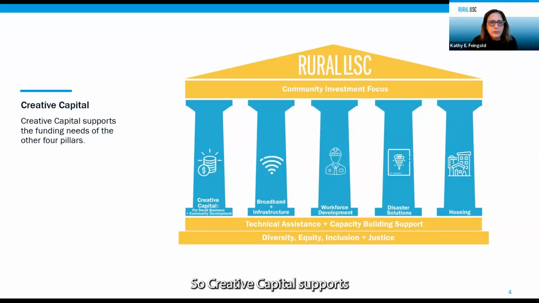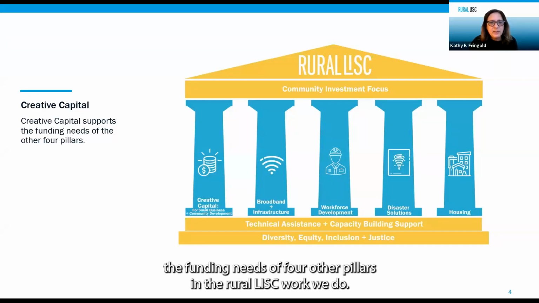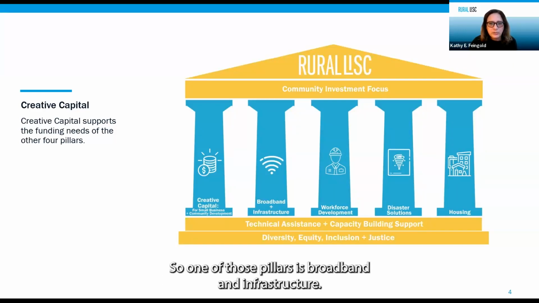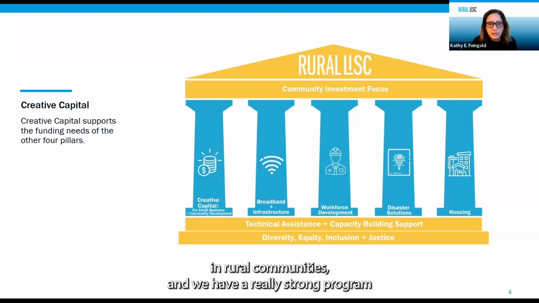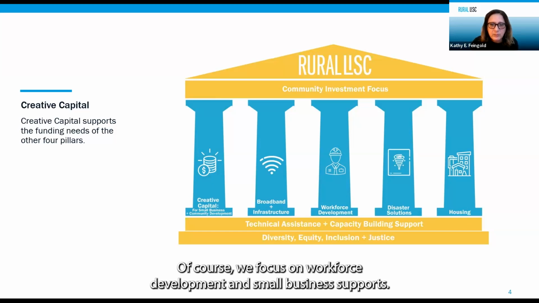So creative capital supports the funding needs of 4 other pillars in the Rural LISC work we do. One of those pillars is broadband and infrastructure. We find that broadband is really something that can be lacking in rural communities, and we have a really strong program with digital skilling and broadband infrastructure. Of course, we focus on workforce development and small business supports.